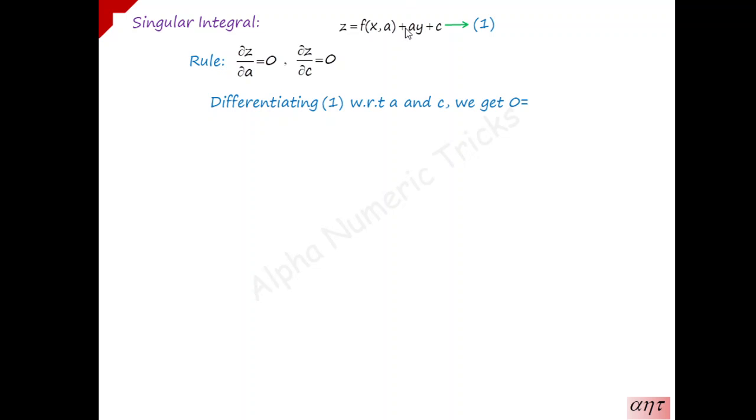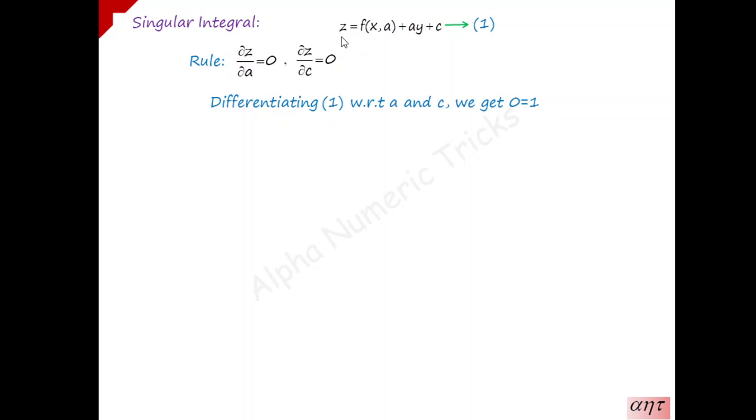Differentiating 1 partially with respect to a and c. Here it is not possible, that is, there is no need to find the differentiation with respect to a, because whenever your complete integral has a single constant, then when z is differentiated with respect to that constant, you get 0 is equal to 1 as a result.